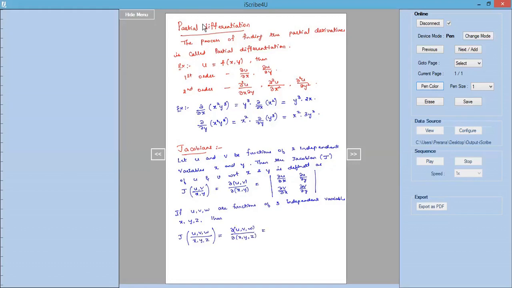So it is three dependent variables with respect to three independent variables, and this will be a 3 cross 3 determinant expansion.